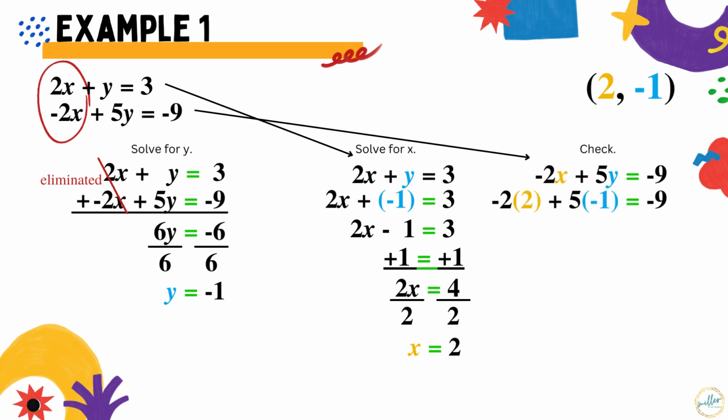So in place of x, we'll put 2, and in place of y, we'll put negative 1. Negative 2 times 2 is negative 4, and 5 times negative 1 is negative 5. So when we add together negative 4 and negative 5, we get negative 9, which makes this equation true. Negative 9 equals negative 9. So yes, we have the correct solution.